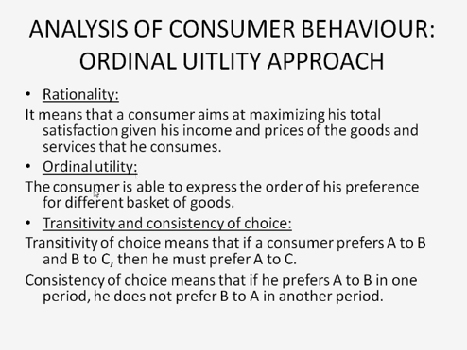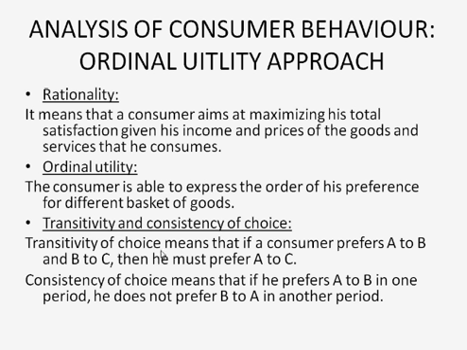It has been assumed that the consumer will not be able to quantify the amount of satisfaction from the goods and services. The consumer is able to express the order of his preference for different baskets of goods. Next assumption is transitivity and consistency of choice.